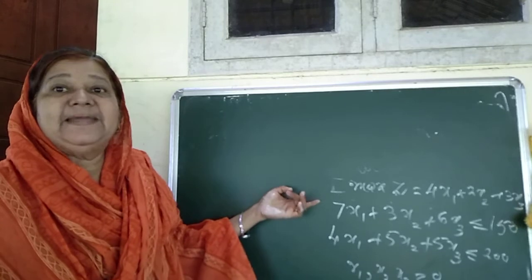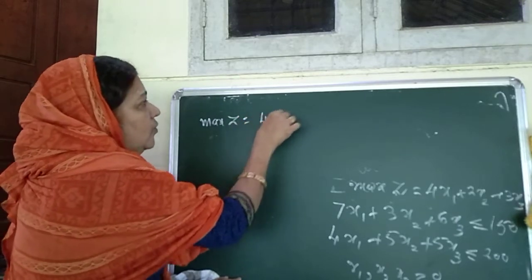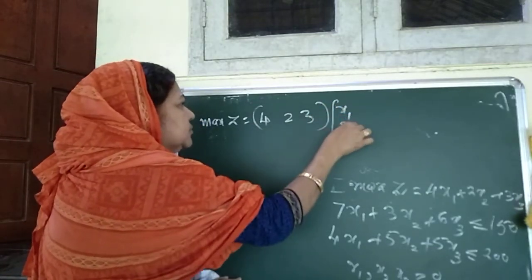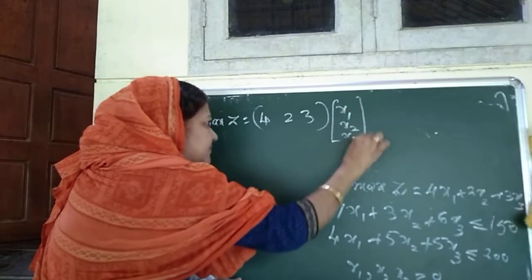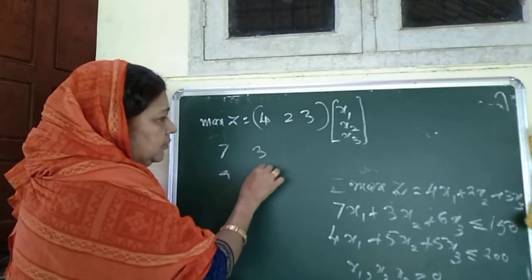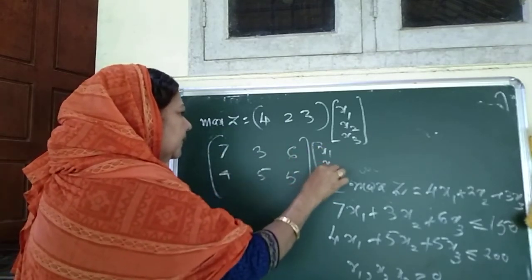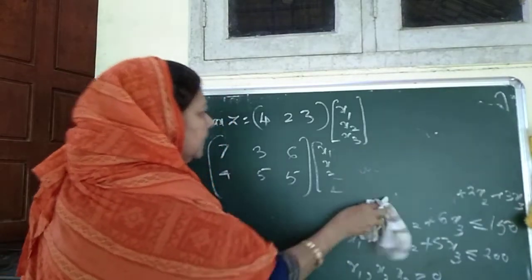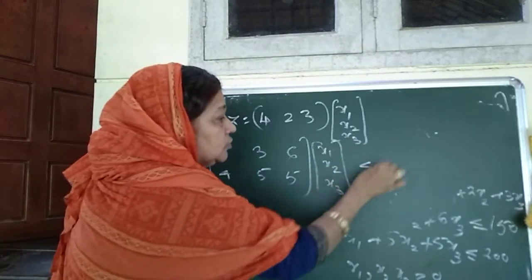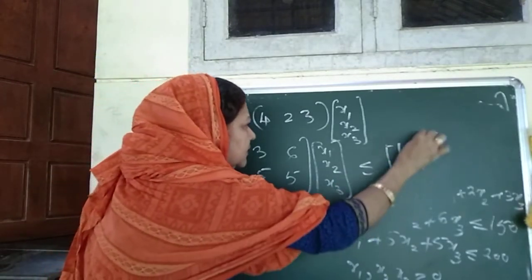Again, we can write this in matrix form, that is, maximize z equal to the row vector (4, 2, 3) times (x1, x2, x3), subject to 7, 4 into x1 plus 3, 5 into x2 plus 6, 5 into x3 less than or equal to the constant matrix 150, 200.